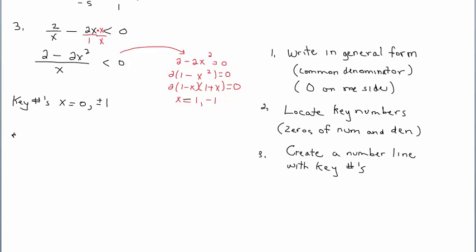Okay, so we're ready to organize our work. All right, so in order, negative 1, 0, and 1. All right, open circle or closed circle above these zeros.